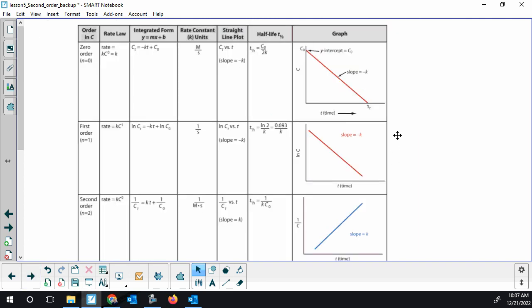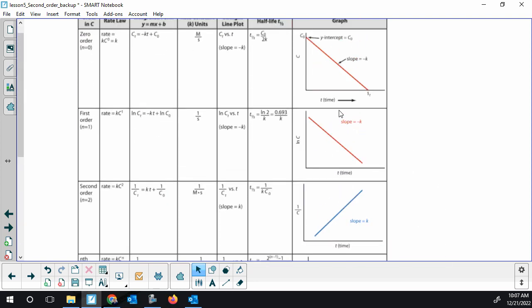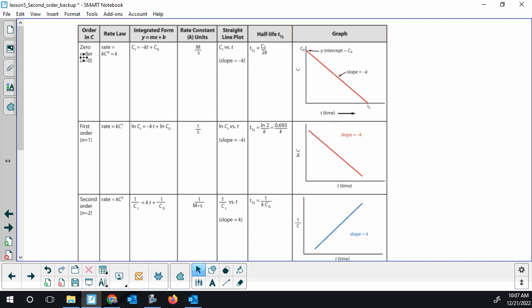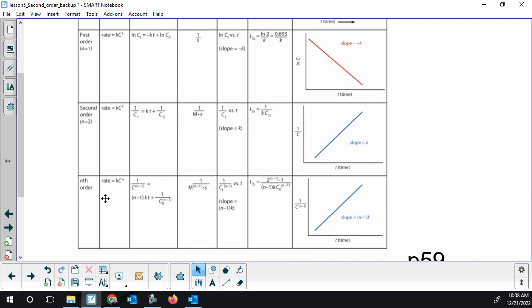Last, this is from the Edvantage workbook. It's on page 59, and it's a really nice summary of all the kinetics. So maybe before you start practicing, or if you're getting stuck in the middle of homework, it goes through zero order, what all the units are, the graphical version when you have a linear relationship, first order, second order, and then it gives you the pattern for nth order, whether it was 4 or 5 or 6 or 10.